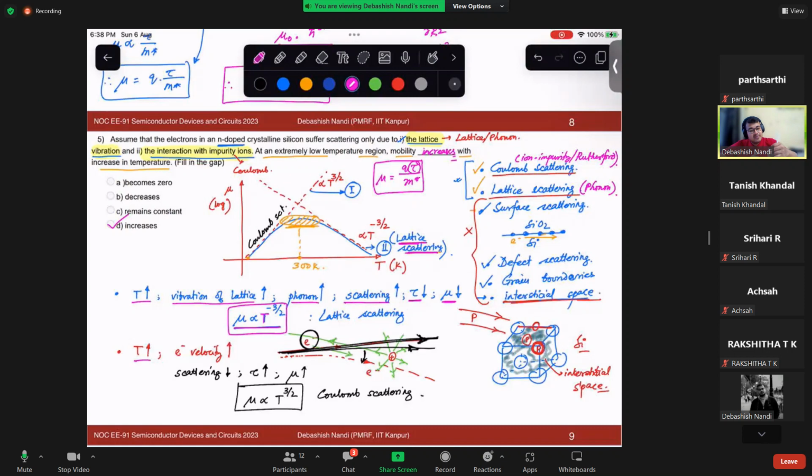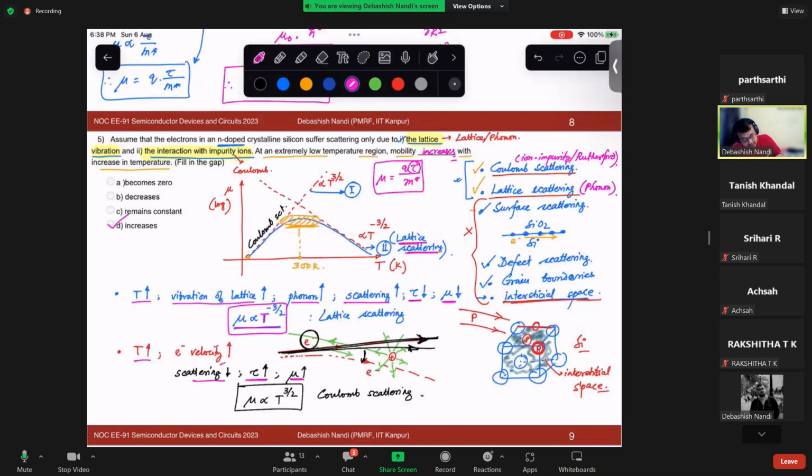So the scattering will be reduced. If scattering is reduced, then collisions will be reduced. Then the average free time, the mean free time, will increase, so my mobility will increase.